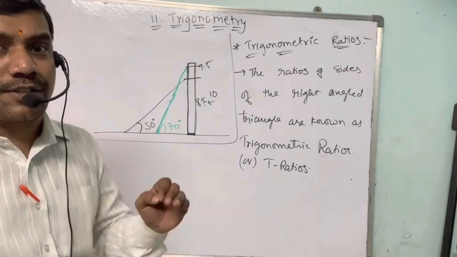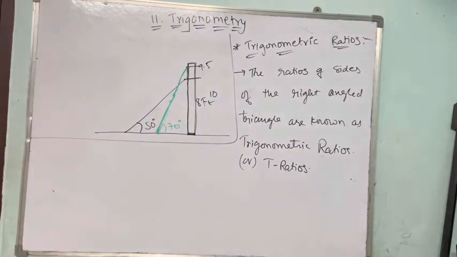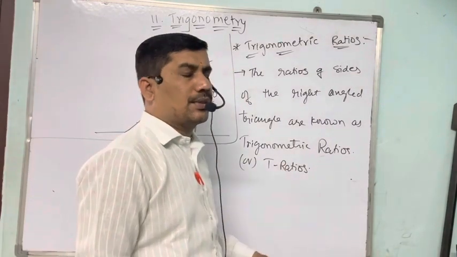So the ratios of sides of the right angled triangles are known as trigonometric ratios, or simply T ratios.